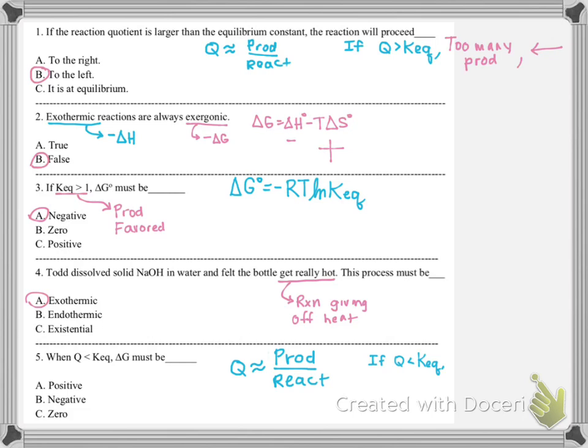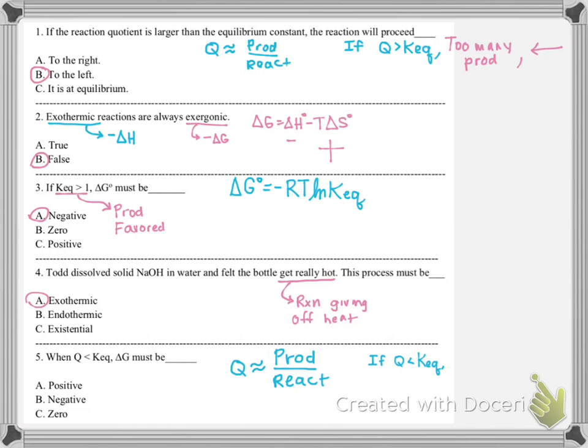Then for number 5, it says when Q is less than KEQ, delta G must be what? Again, our Q is our products over reactants. If Q is less than KEQ, we must instead have too big of a denominator this time.